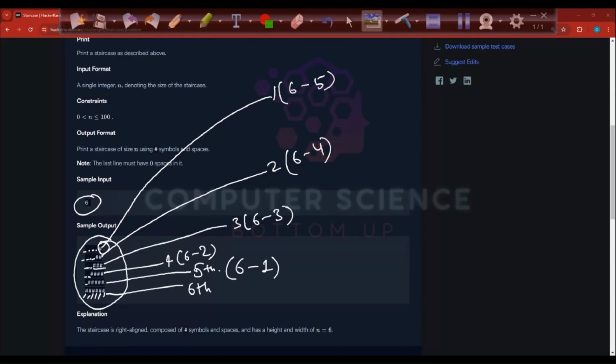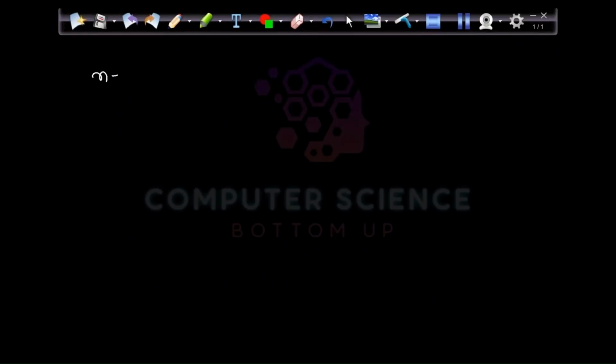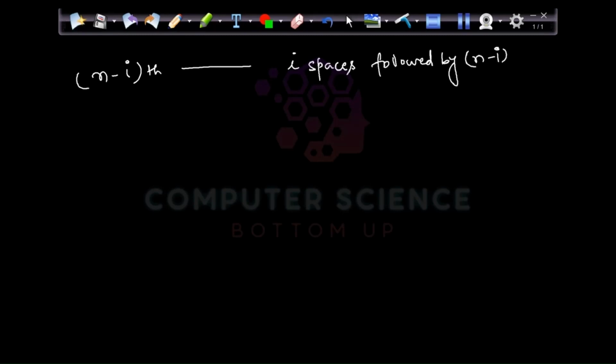For a general n, if you are at, let's say, the n minus ith level, there will be i spaces followed by n minus i hash symbols.